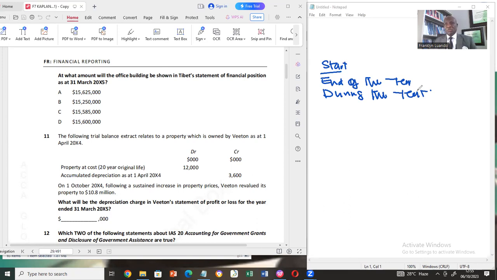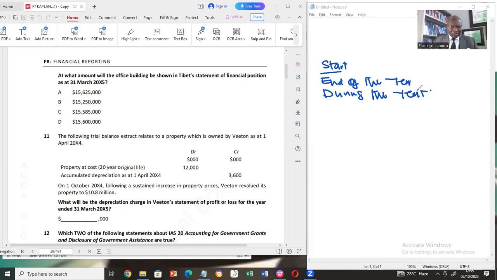Step 2, depreciation now is based on the revalued amount using the remaining number of years. Then depreciation for the year is the total depreciation during the year. So we can look at this question.